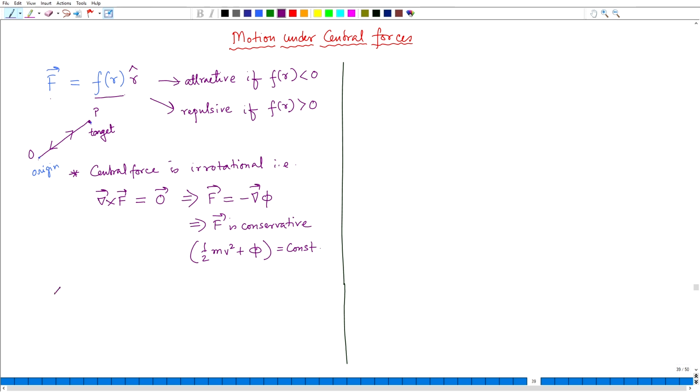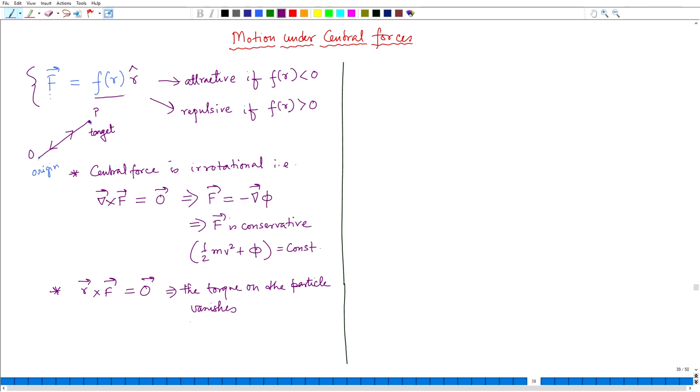Second point, we also said that since F is always acting along r cap, whether it is positive or negative, that is not really mattering here, if it is just parallel to r cap, then r cross F is another null vector, which means that the torque on the particle vanishes.